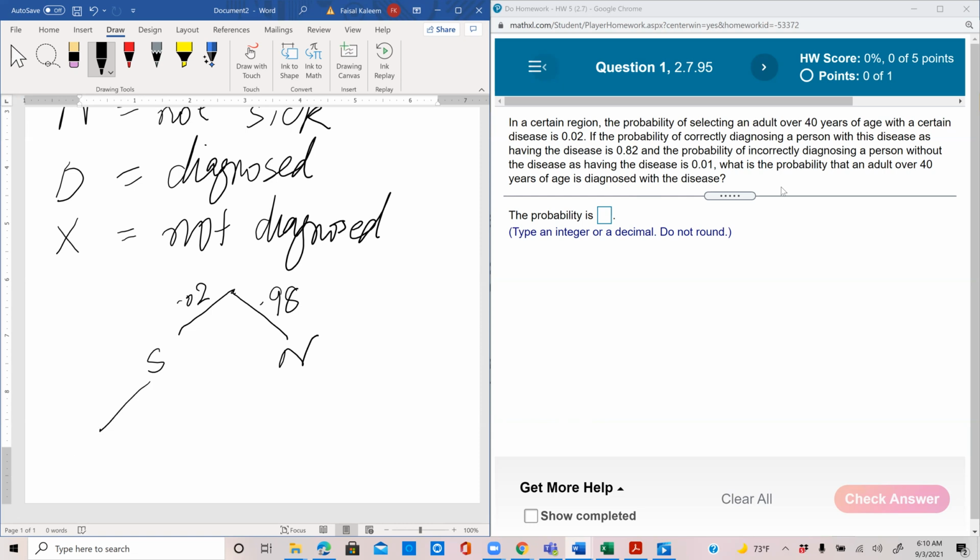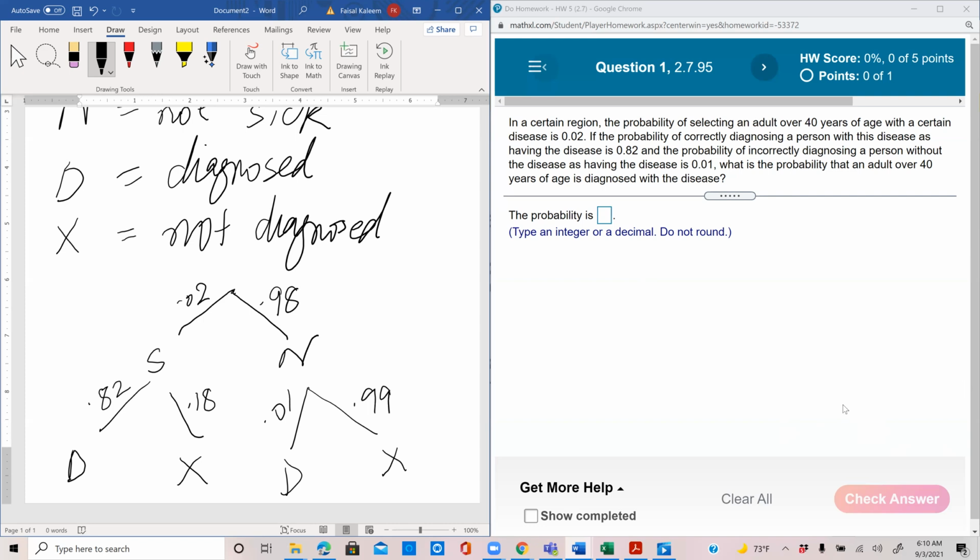So sick and diagnosed is 0.82, and sick and not diagnosed is 0.18, 1 minus 0.82. Similarly, if a person is not sick, the probability of diagnosing a disease incorrectly is 0.01, so not diagnosing would be 1 minus 0.01, which is 0.99.